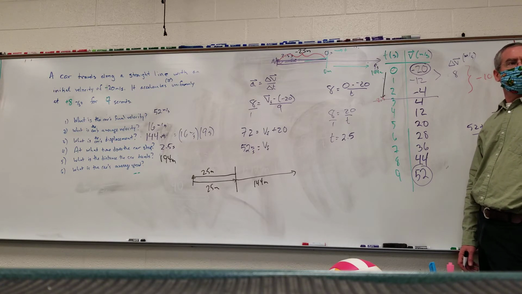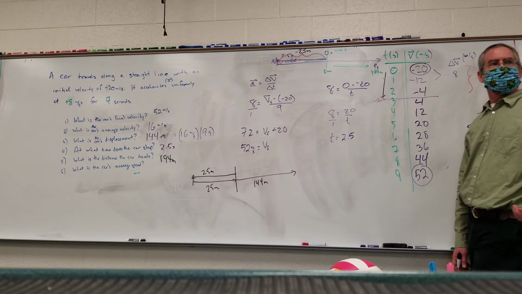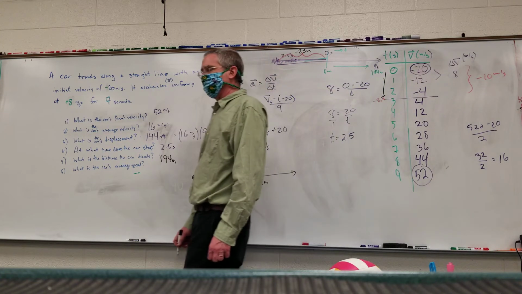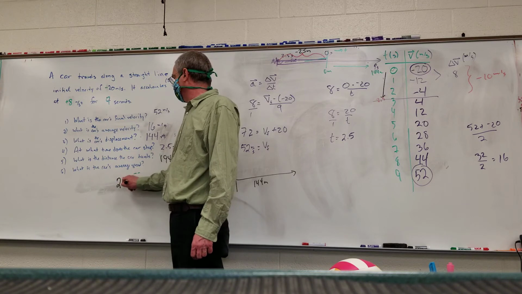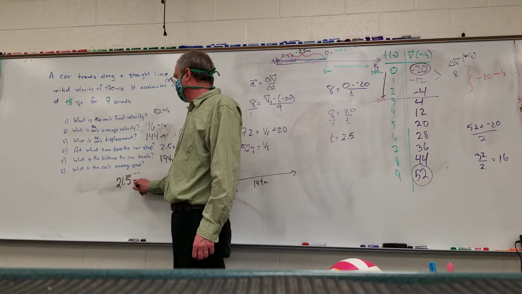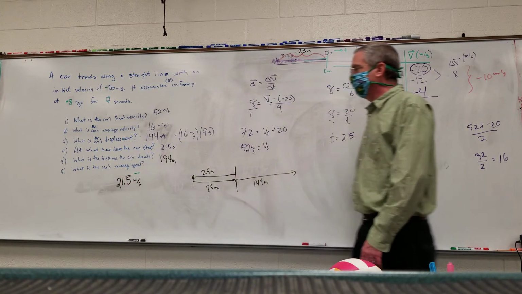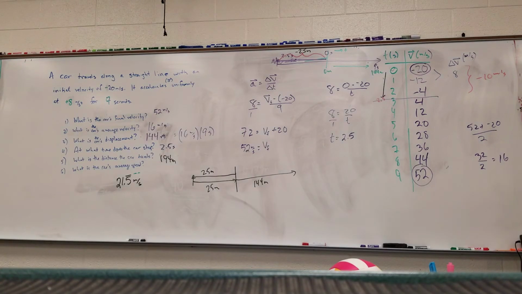Is it 21.5? I assume the 5 repeats. So 21.5 meters per second. Just distance divided by time, 194 meters in 9 seconds. So the average speed is about 45 miles an hour.